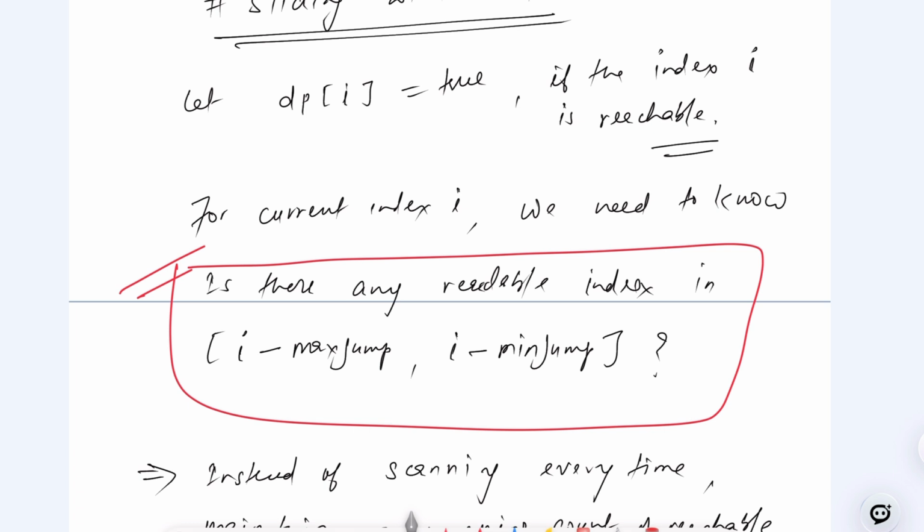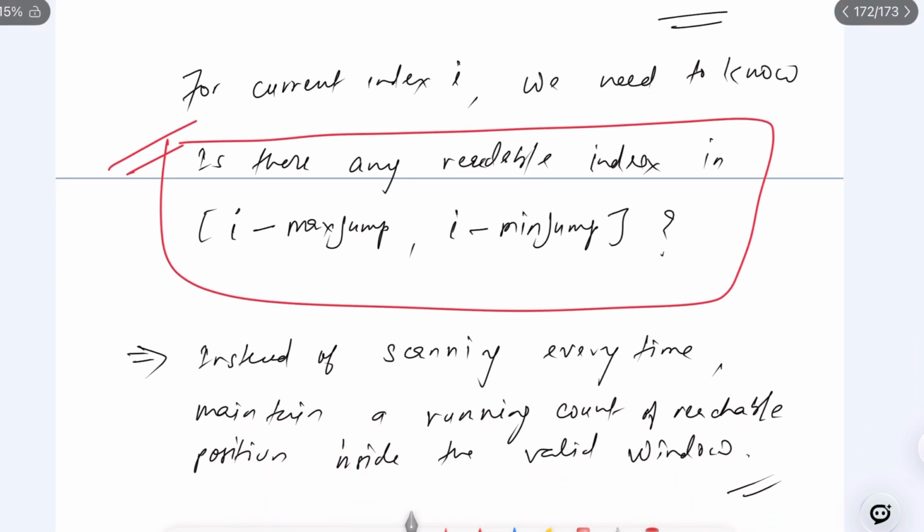Here is where the magic happens. Instead of scanning the entire range every time, we maintain a sliding window count, called reachable. We will use that. This will tell you how many reachable indices exist inside the window.